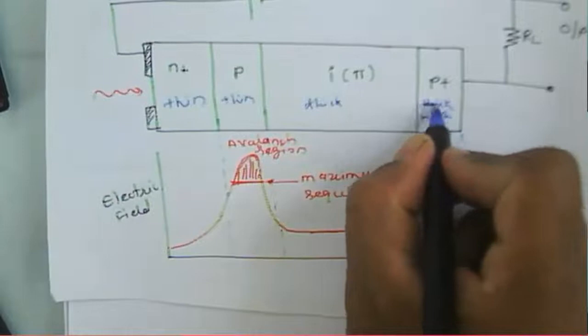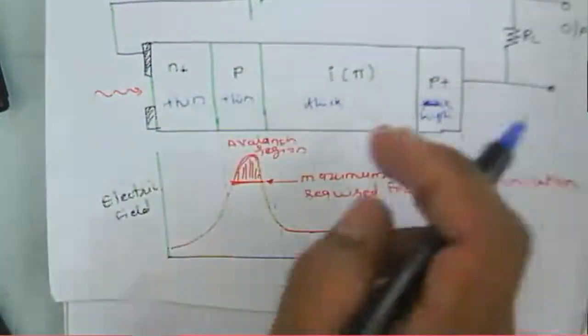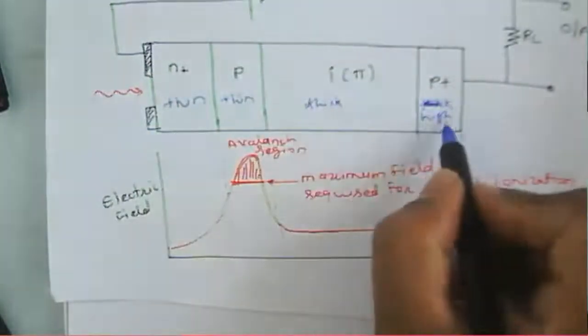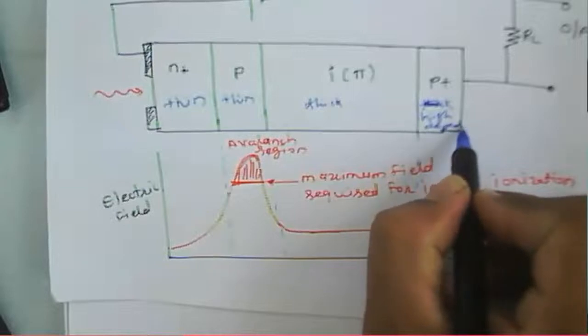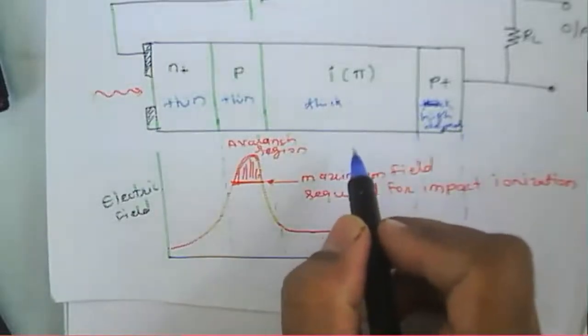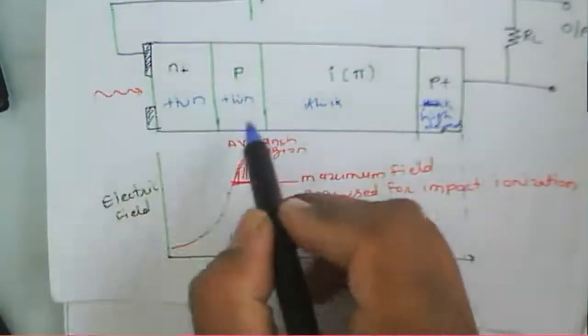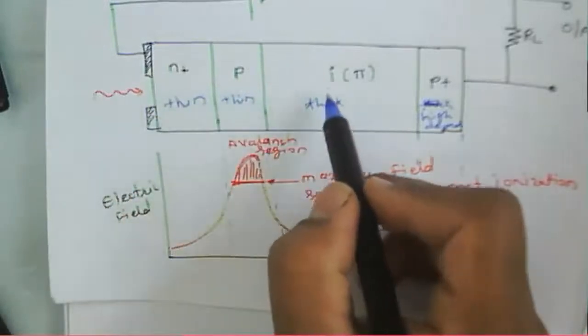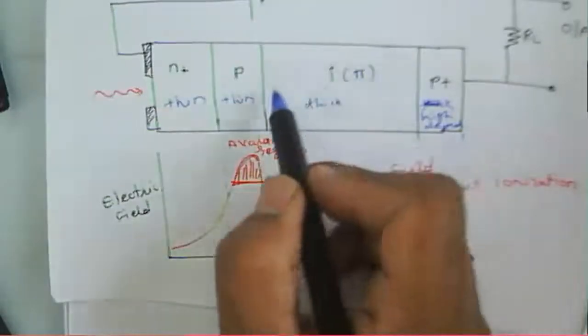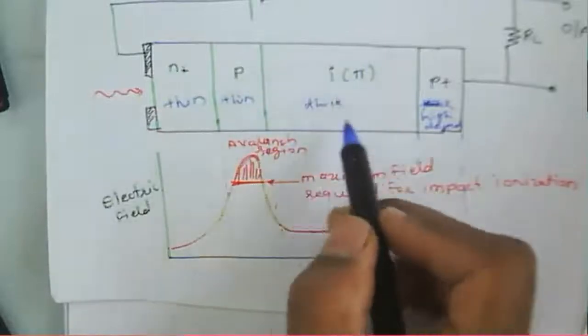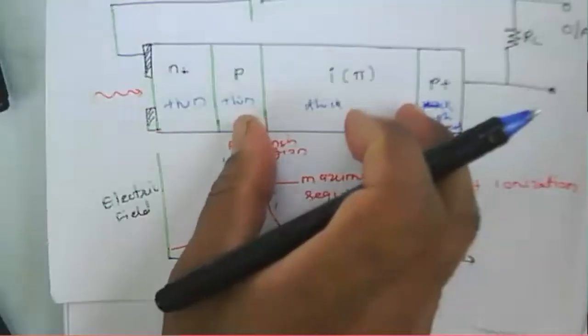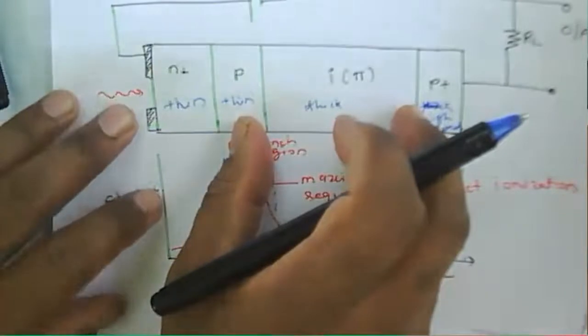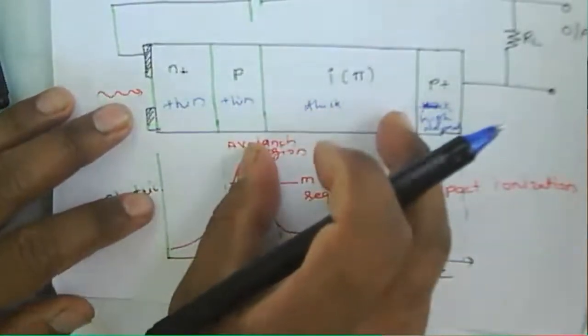In dimension-wise, the incident photon is to travel from this n plus p to this particular intrinsic layer. So this one is a depletion layer under the no bias condition.